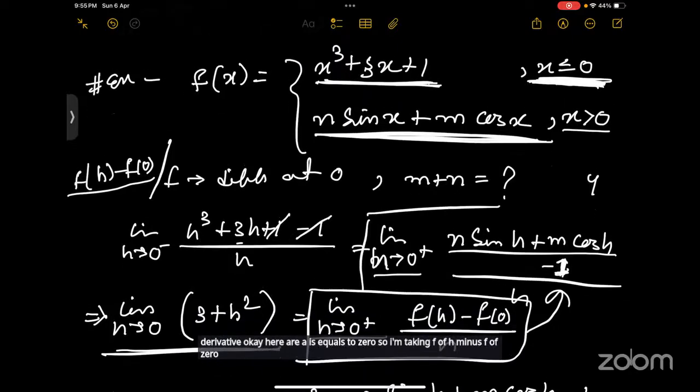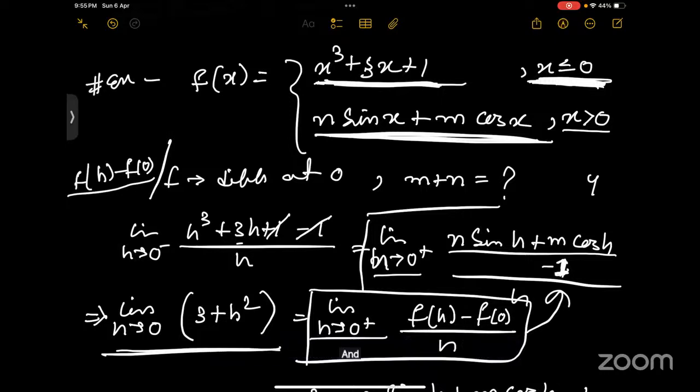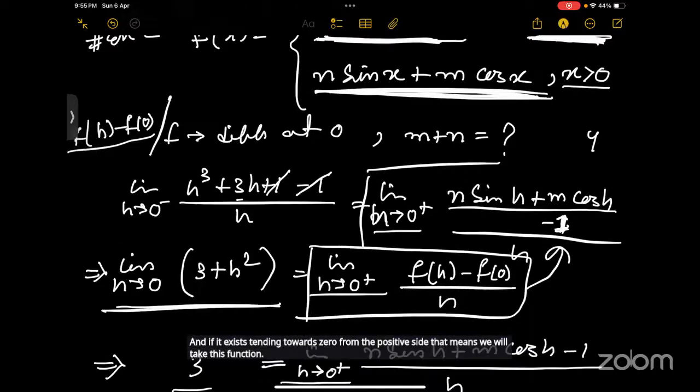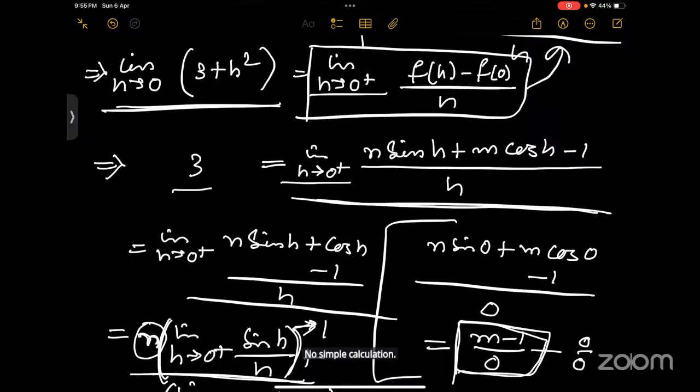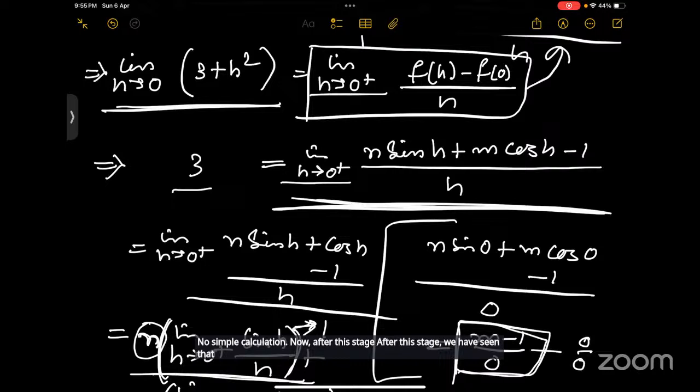Now, when x is tending towards 0 from the negative side, we will take this function. And if x is tending towards 0 from the positive side, we will take this function. Now, simple calculation. After this stage, we have seen that this is in the f by g form, where g is 0 and h is 0.